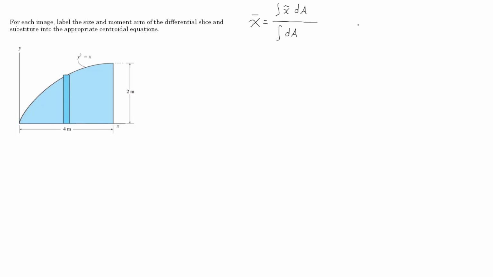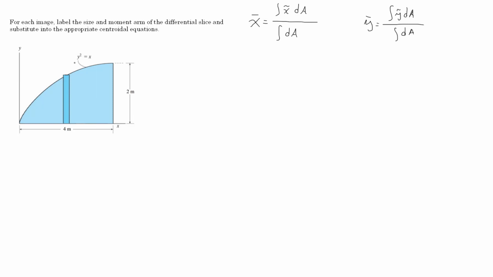The other equation is y bar, that's equal to this division, and now instead of x tilde, it's y tilde, and the differential of the area again. And the area is again in this equation.